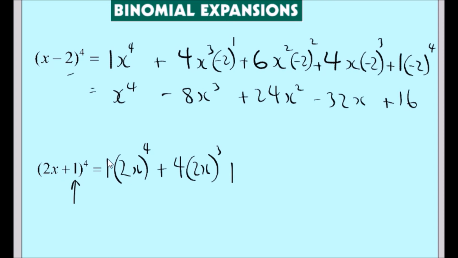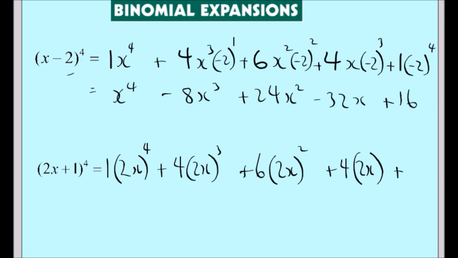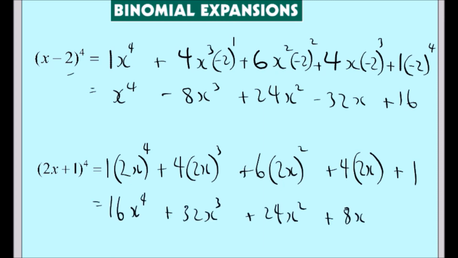So I can actually disregard that 1. Next term will be plus 6 (2x) to the power of 2, plus 4 (2x) to the power of 1, and then plus 1 times 1 to the power of 4, which is just going to be 1. And simplifying all that, we end up with these 5 terms in our expanded form. So that is using binomial expansion.